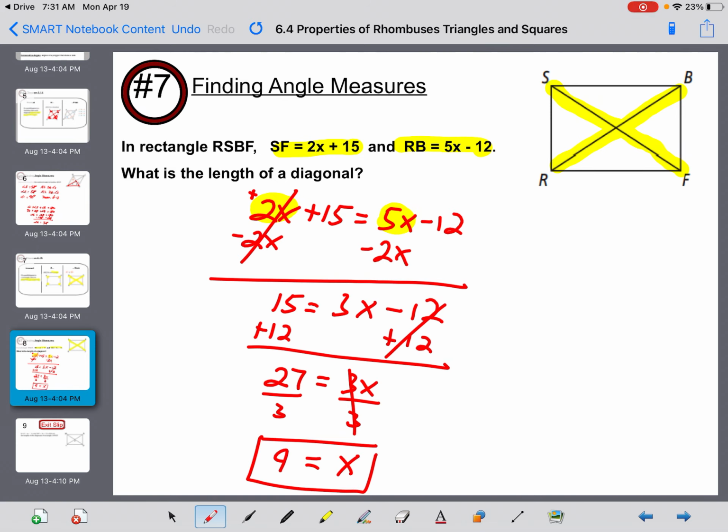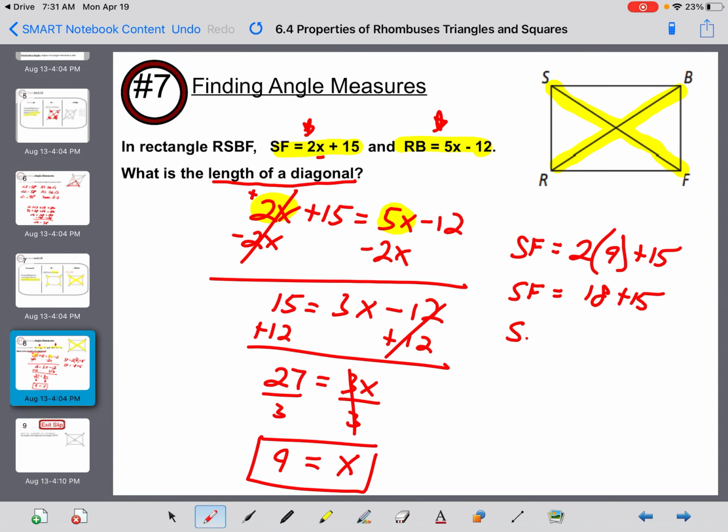Now, that's not what they asked for. They asked for the length of a diagonal. So I'm going to plug that 9 into one of these two equations. Okay, I'm going to plug it in for SF equals 2, instead of x we're going to use 9 because we just solved for x, plus 15. SF equals 18 plus 15, okay, which is 33.